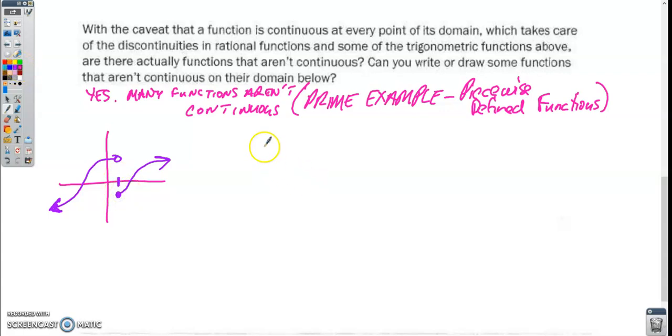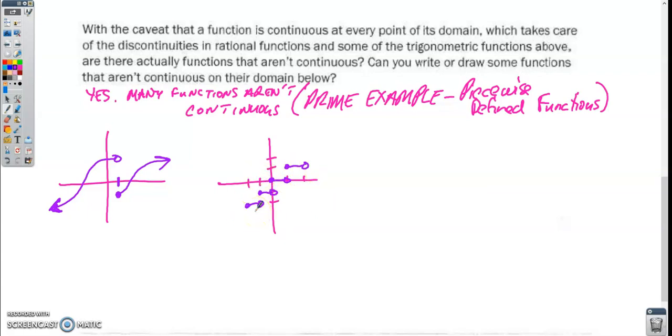Another popular one that you might remember from a previous course, ye old step function, where we've got all of these discontinuities, and the function exists.